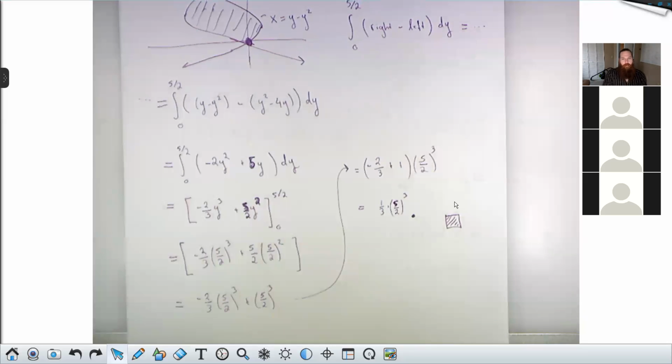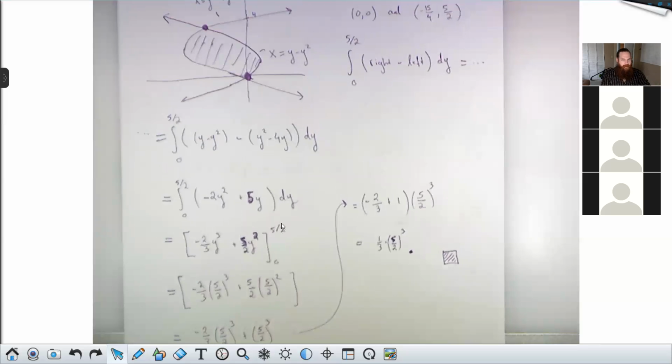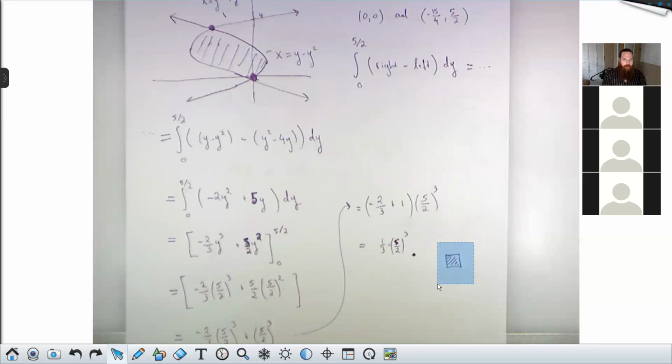So if you finish a problem and it is equivalent to a proof, this stands for QED, or that which we wanted to show. But a period is sufficient if you're just calculating. I don't have a strong preference one way or the other, but I do think notation matters. And definitely if you're finishing proving something, the box is a nice notation to use. But otherwise, full stop is fine.